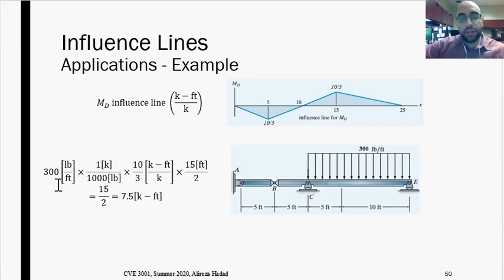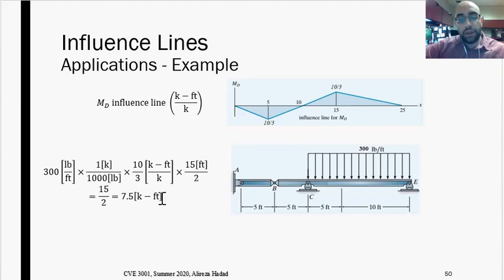That's what I did over here. 300 pound-feet is the intensity of the uniform load. I have the change of units over here because the influence line diagram is based on kip foot per kip, so this pound per foot should be changed to kip per foot.